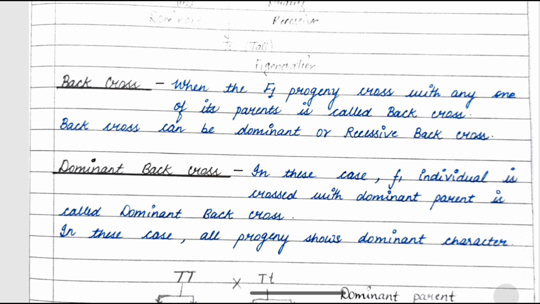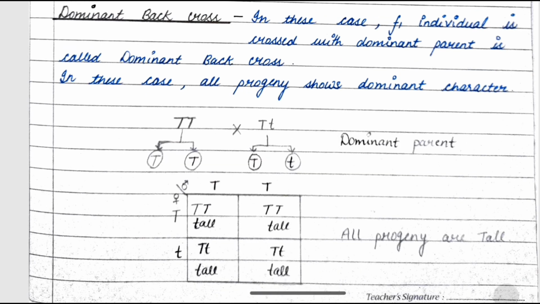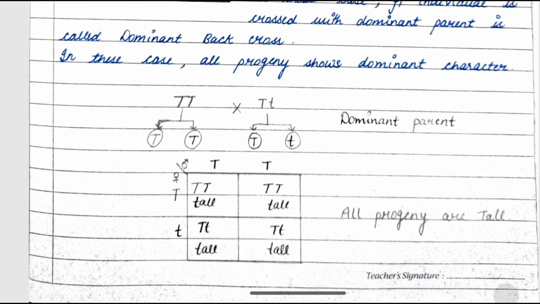A back cross can be dominant or recessive. Dominant back cross: in this case the F1 individual is crossed with the dominant parent. In this case, all progeny show the dominant character, like this. All progeny are tall.